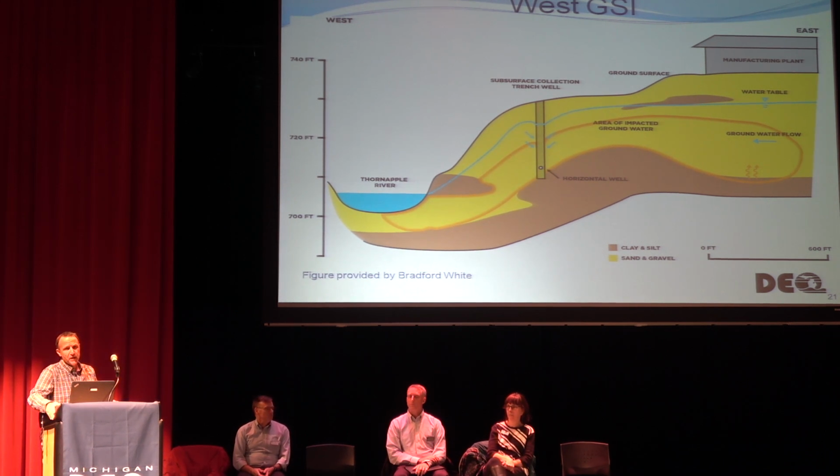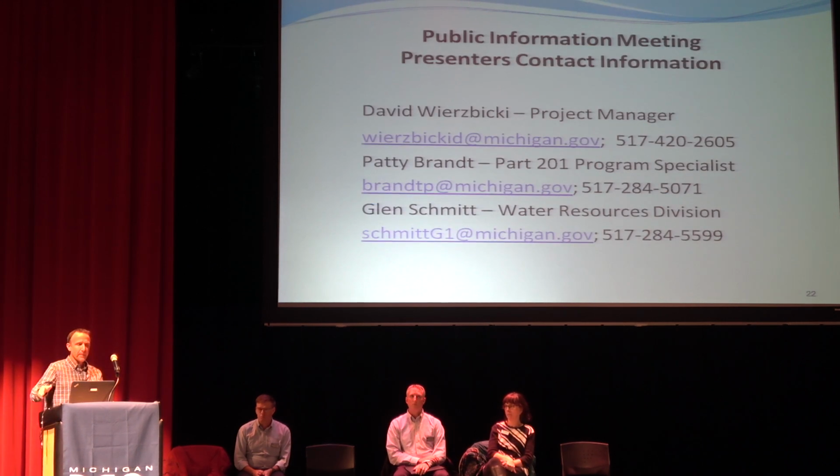They simply excavate some of the soil and put more permeable material, gravel-type material that allows the contamination to more easily flow downward into that pipe and then be captured and pumped back into the building for treatment. And you can see the elevation of the river there looking north at the west end of the plant.